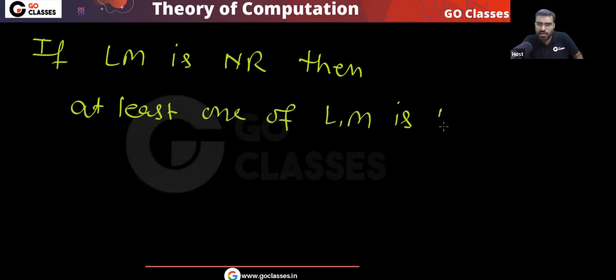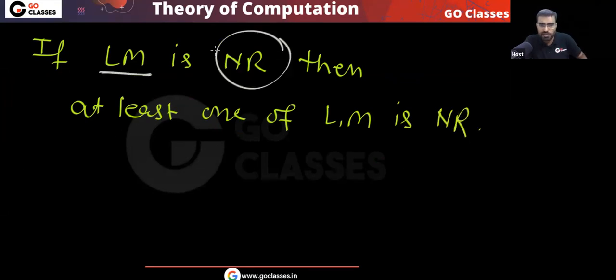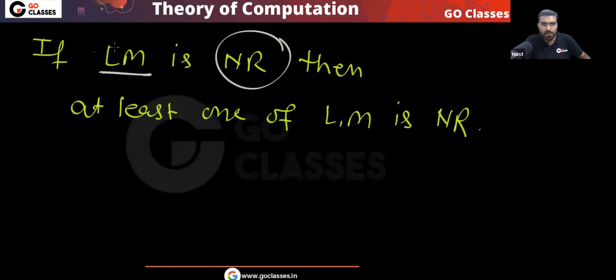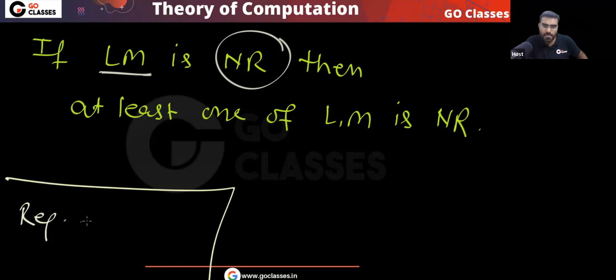Both cannot be regular, because if both are regular, then this will be regular. You already know regular dot regular is regular. So if L·M is non-regular, then at least one of them must be non-regular.